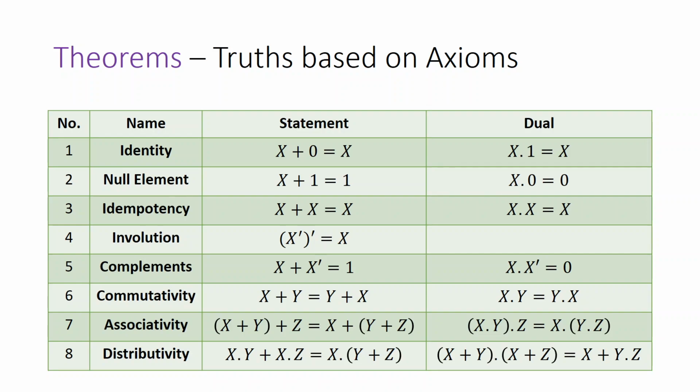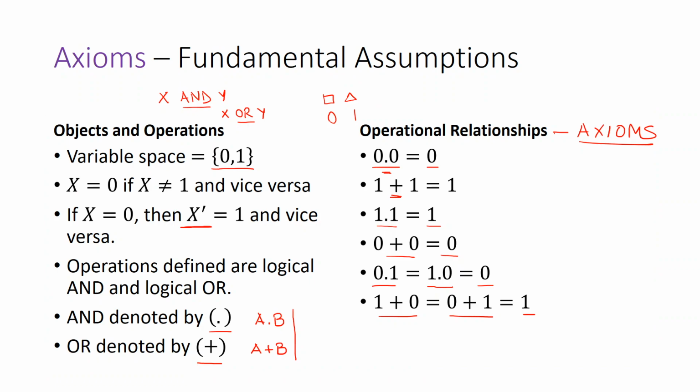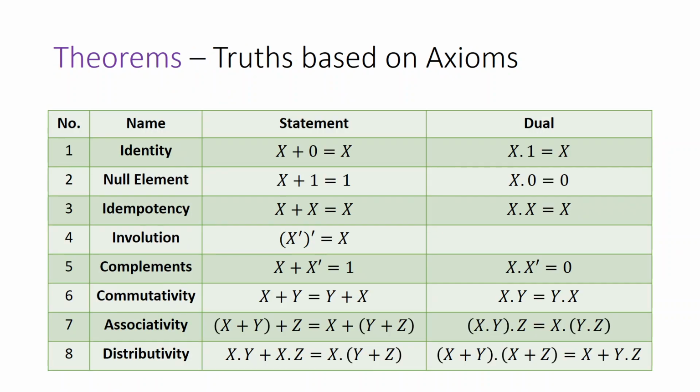In this way you have to verify, and for showing those equalities holding you have to take help of these axioms which are defined. Unless these axioms were defined, were given to you, were assumed to be fundamental, you would not be able to establish these general truths on this algebraic system.